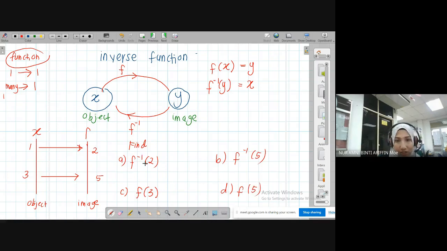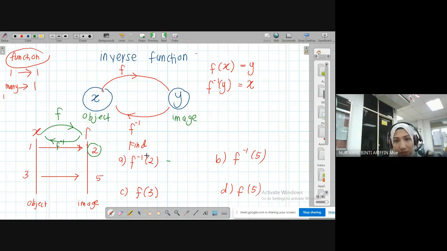So kalau ada diagram, you can refer the diagram. F inverse function of 2, you akan nampak dekat sini. So the answer is 1 lah. Sebab dia terbalik. So this is a function f, and from here, this is f inverse.